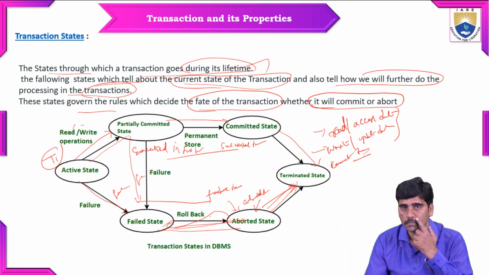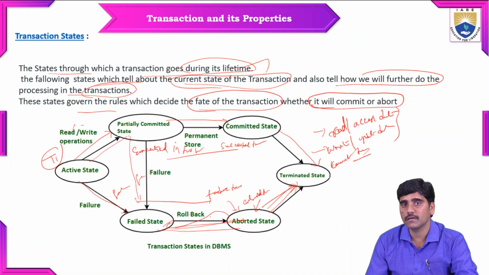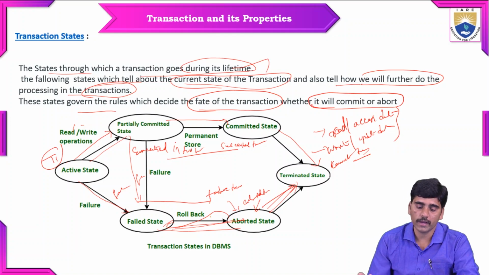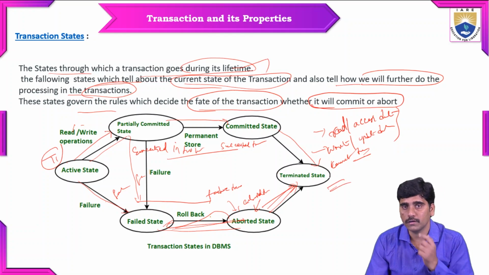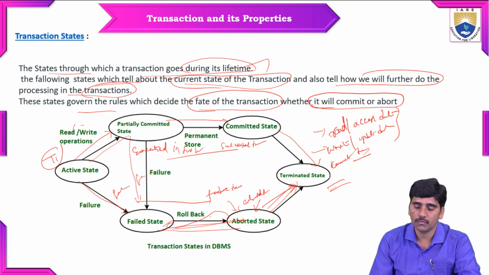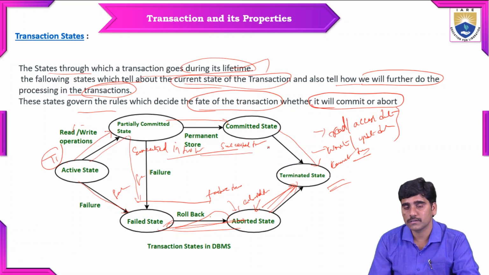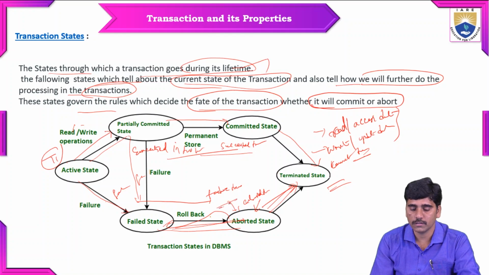To complete the work, the transaction is forwarded through different states, from the active state to the terminated state. There are two types of flows: one for a successful transaction and one for a failed transaction.